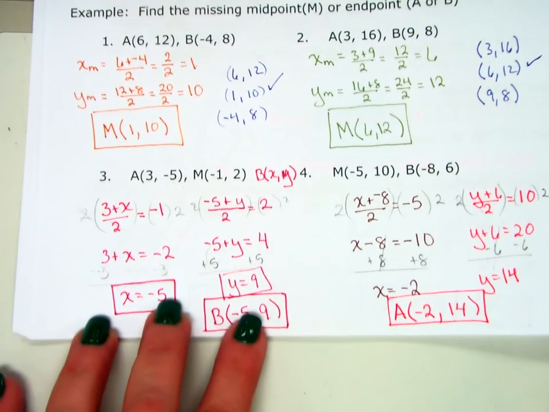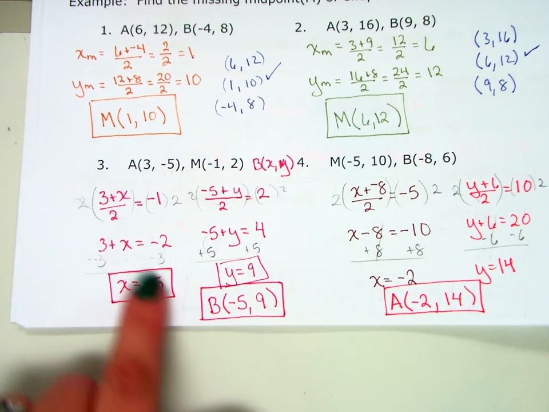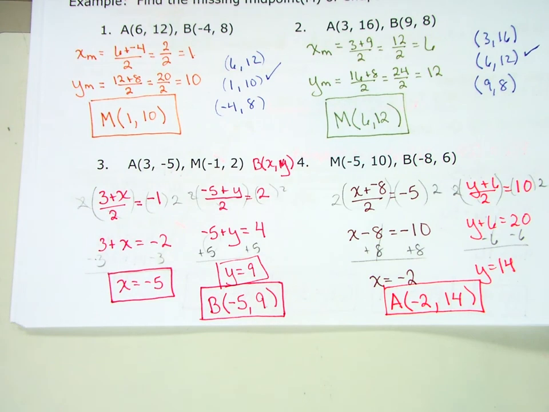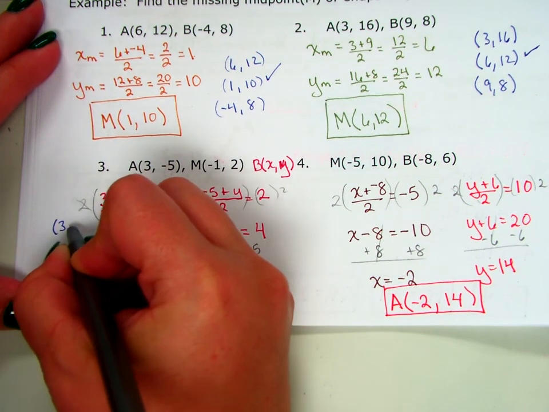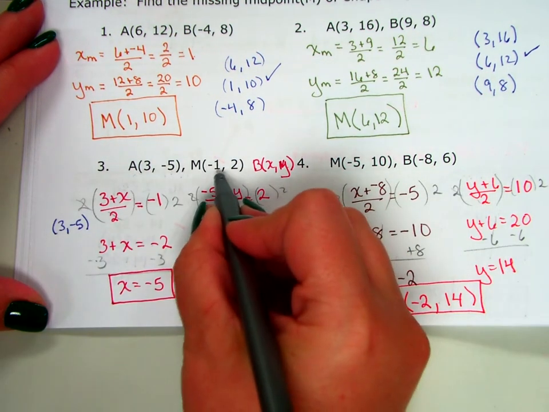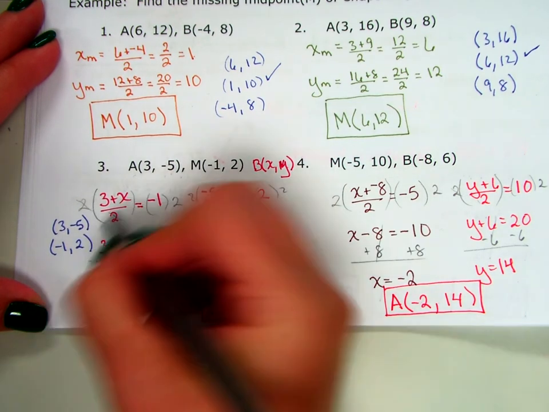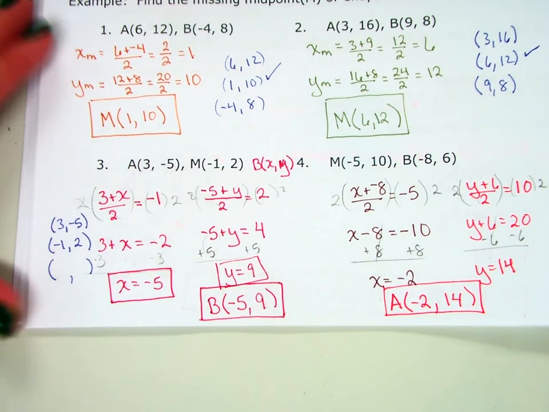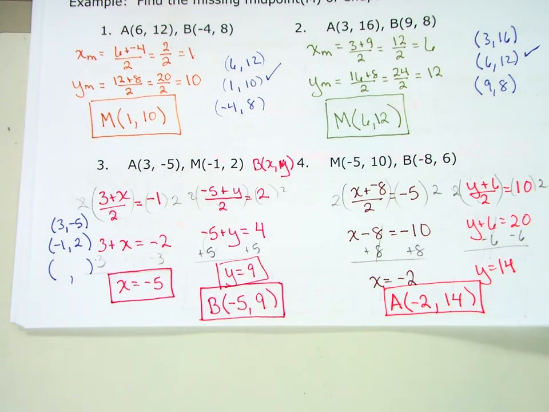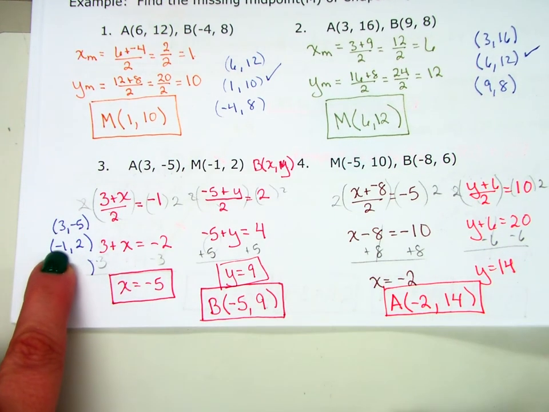It also works really well for actually just doing this problem and not having to do all of this math, because watch how easy it would have been, and you wouldn't have had to do any of the algebra. My first point is (3, -5). My middle point is (-1, 2). And then my third point, we did all this algebra, we know it's (-5, 9), but if we didn't want to do the algebra, we could say, to get from 3 down to negative 1, I have to subtract 4.